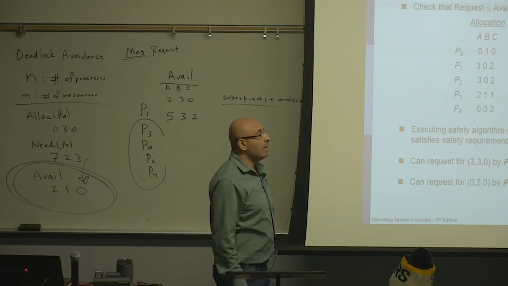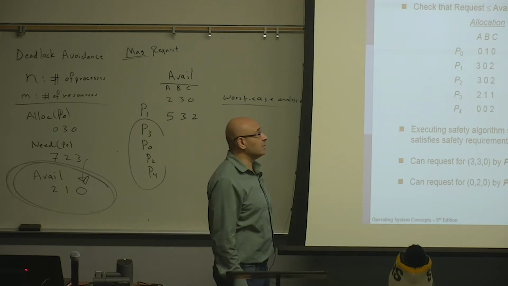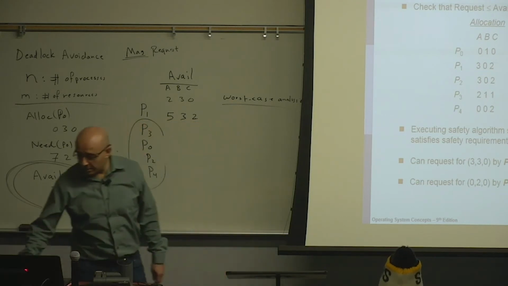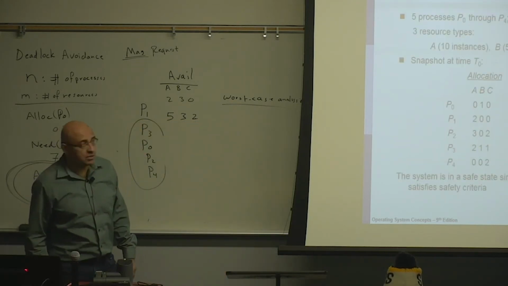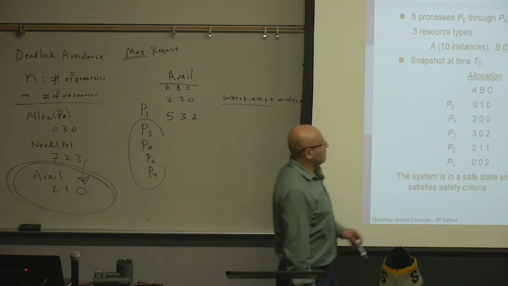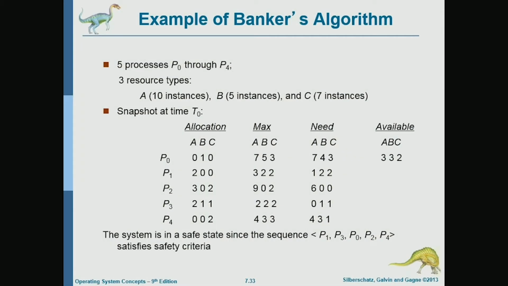But no, we are assuming that we know the maximum needs. So we know that the total number of instances of resource A that P0 will ever request is 7. So it will never request more than 7.